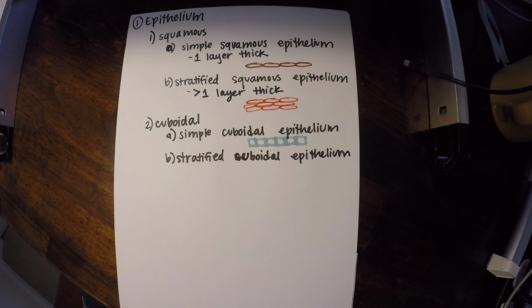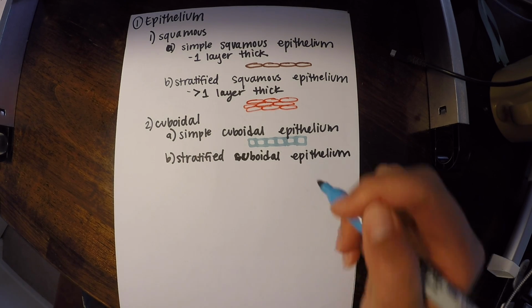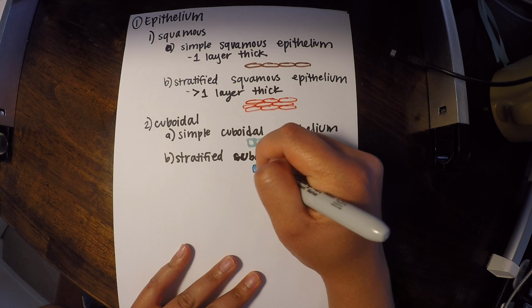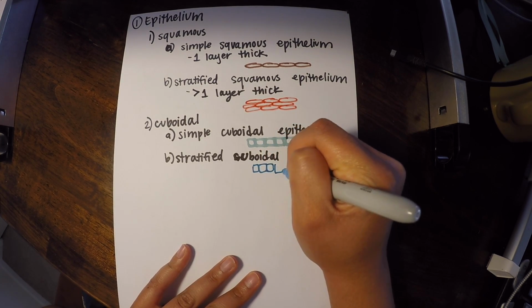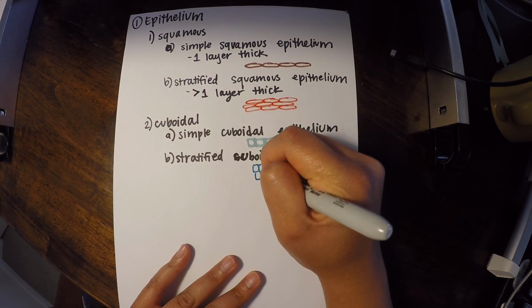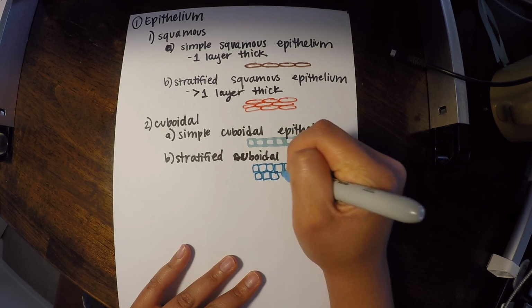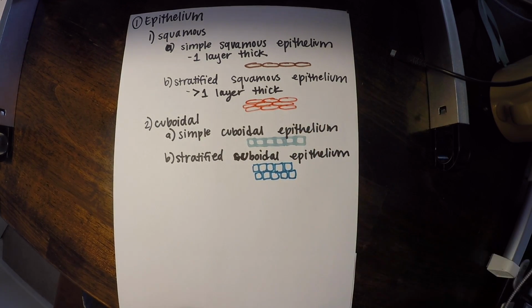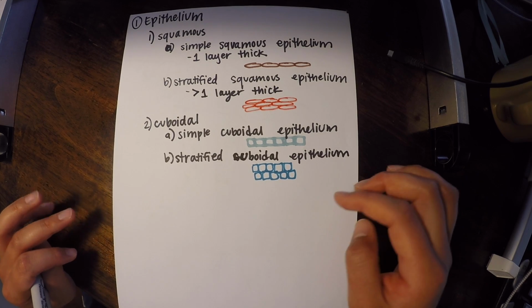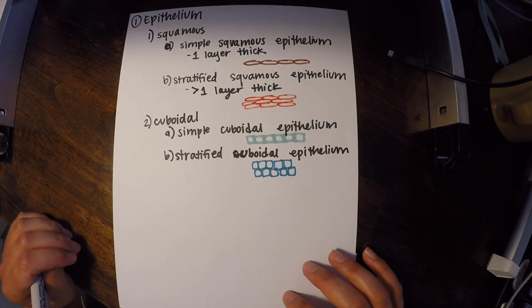This one is going to look cuboid in nature again, but it's going to have multiple layers. So we've got our first layer here, now we've got our second. That's all it is. Again, I'm simplifying this. It's going to look a little bit different in the photos, but this is just like coordinating colors with general shapes to help with memorization.